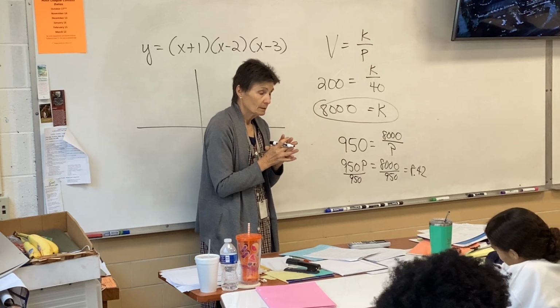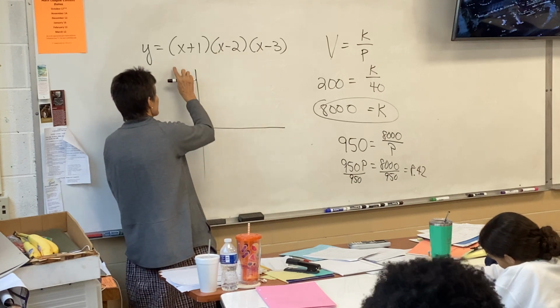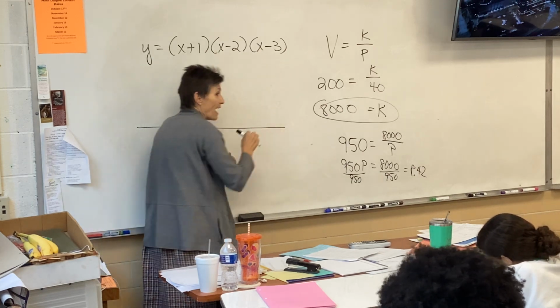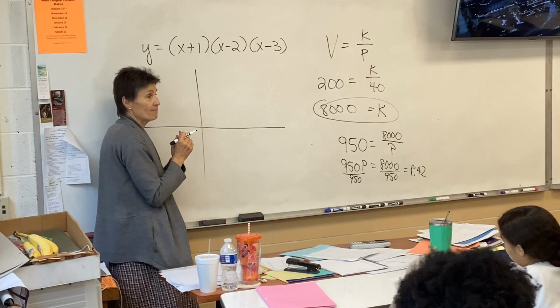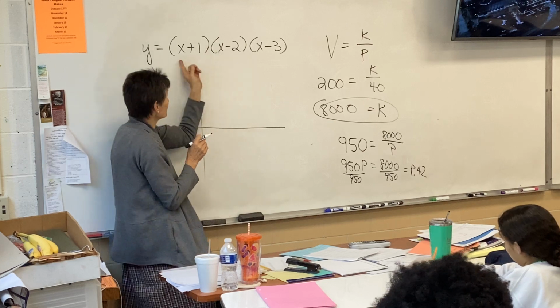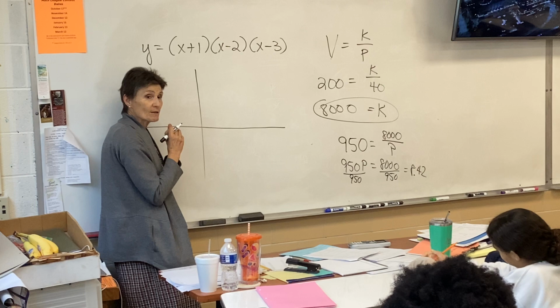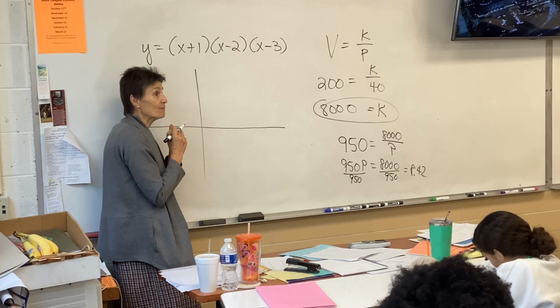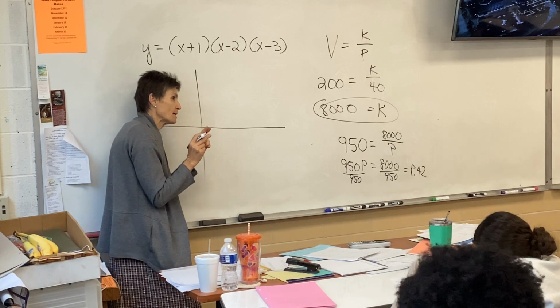Okay, all right, here we go. First thing I want you to notice is the problem is beautifully factored for you already. The factors of the polynomial, this is a polynomial, if I multiplied it out, it would be an x cubed, right? The factors of the polynomial give me my zeros, which are my x-intercepts.